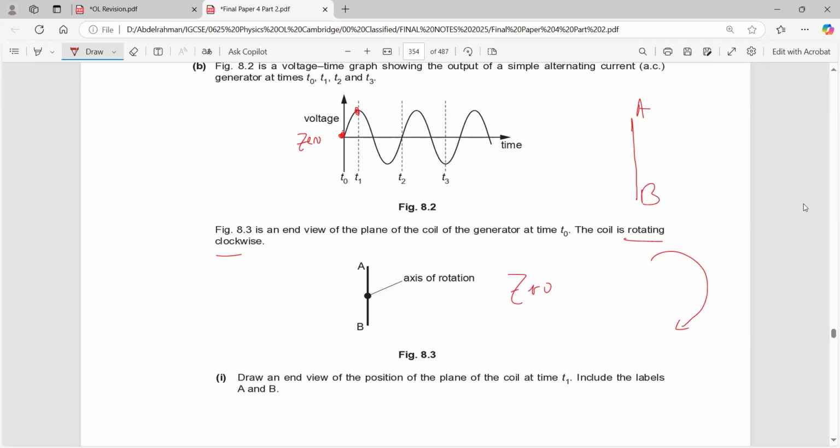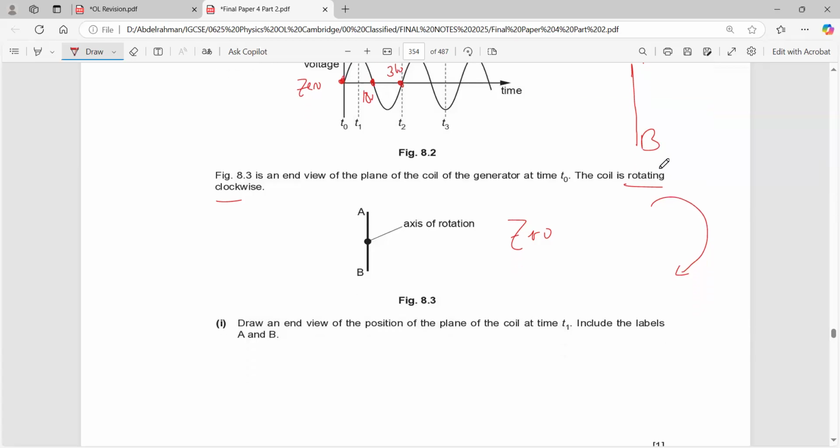This is only a quarter of the rotation. This point, which is not stated yet, is 180 degrees, and this point is 360. So at this point it's 90 degrees, meaning it has only completed 25%, only a quarter of the rotation.